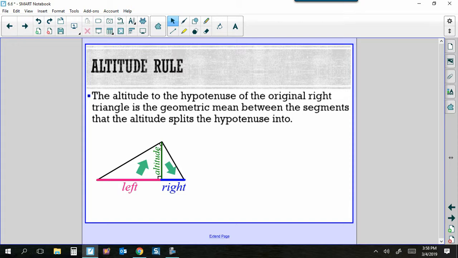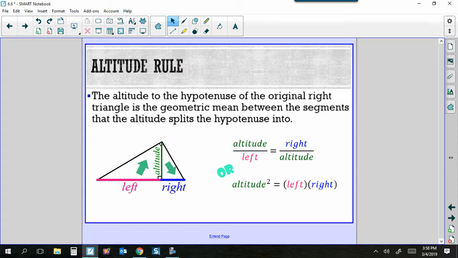So you can see here that if I intersect the hypotenuse right here, it's splitting into this left segment and this right segment. So the altitude is the geometric mean between the left piece and the right piece. So we have this inside number, and that inside number that has been given to us is on our altitude, which breaks apart this hypotenuse.